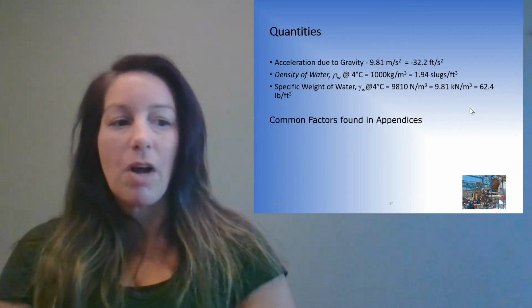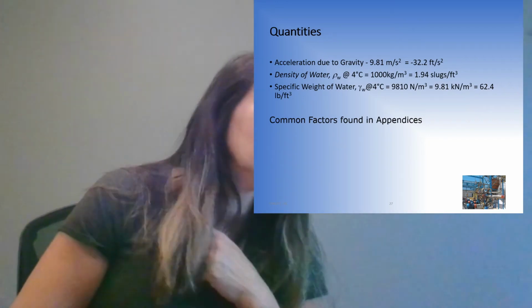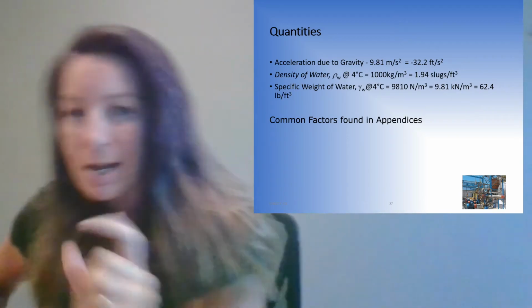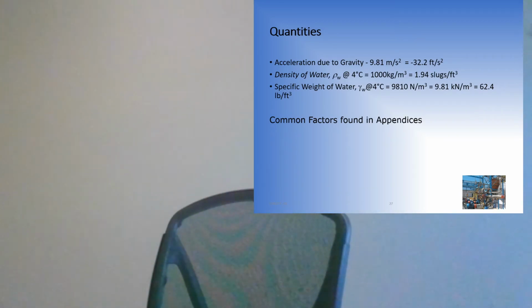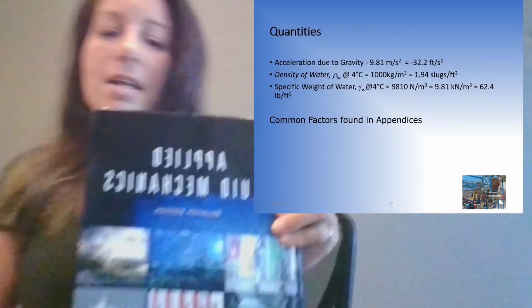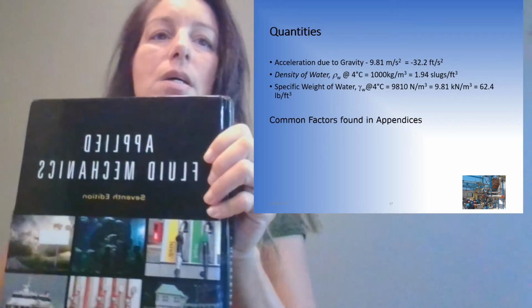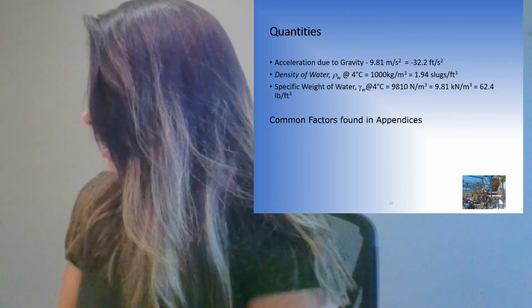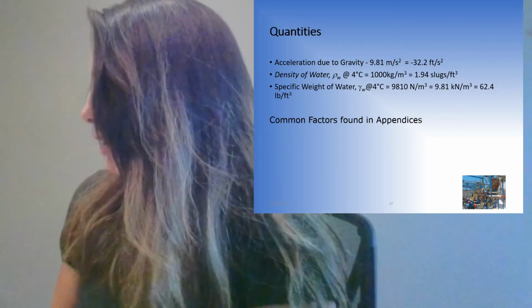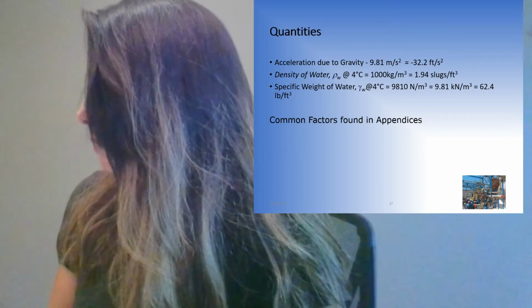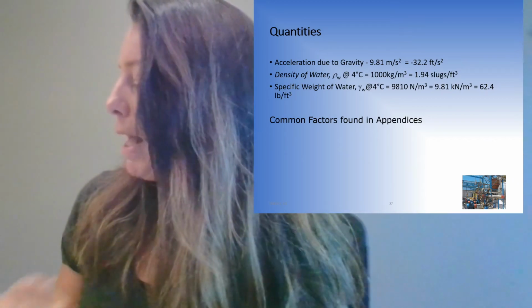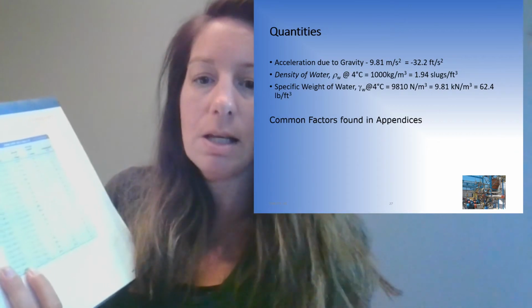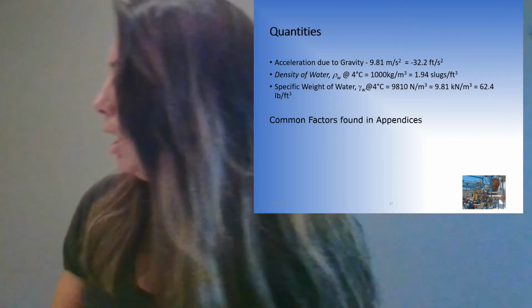So if you've got the book, let me get it. Here's the book, okay? Other factors are found in the appendices, so let's flip and find it. Appendix A in the book, there it is.